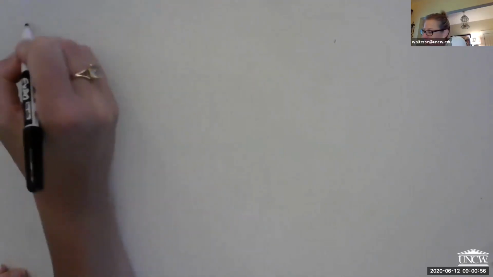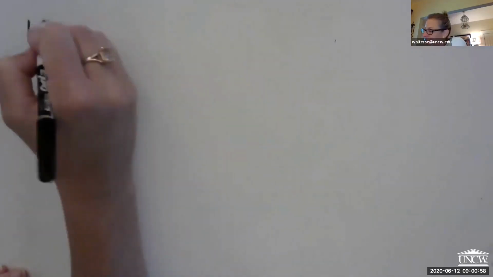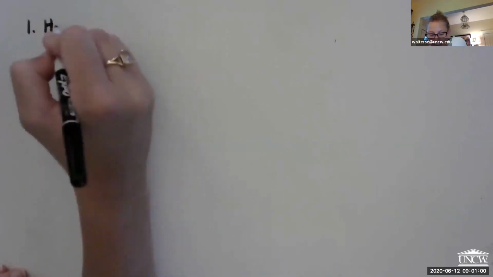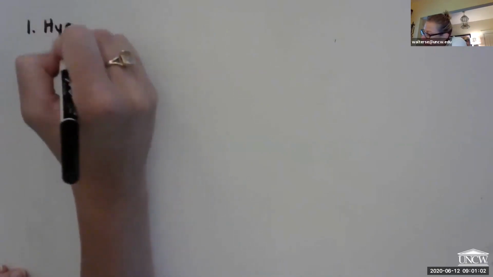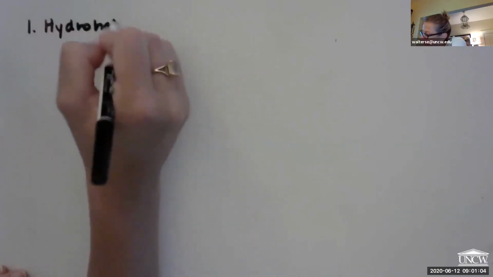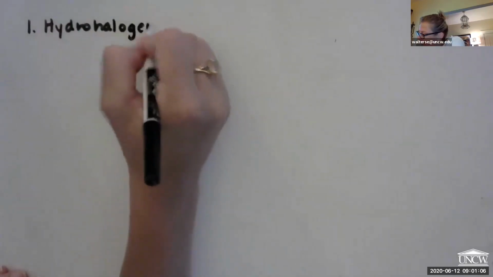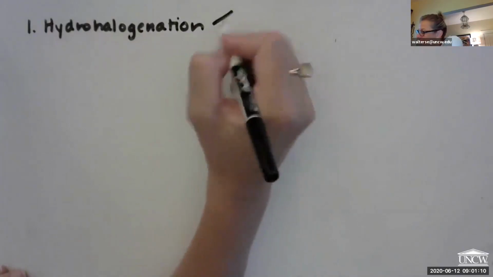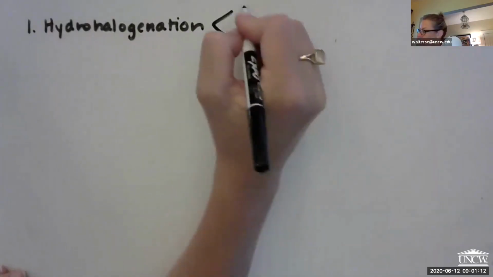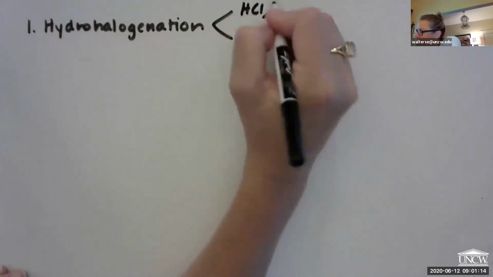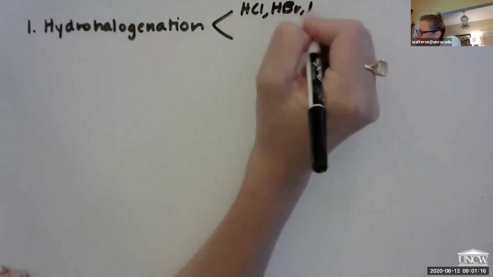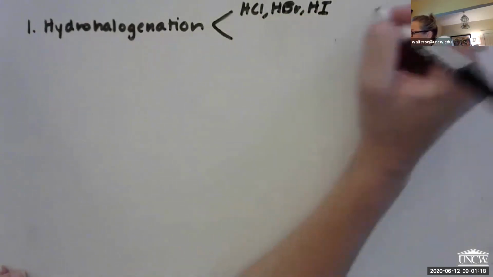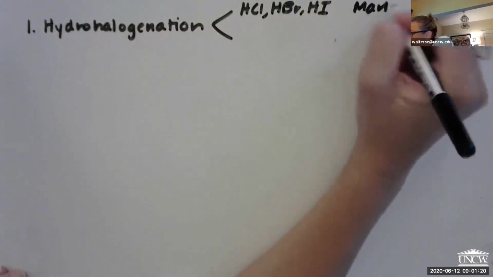So the first reaction that we spent time on was the hydrohalogenation. And in this reaction set, you had two. You had the HCl, HBr, and HI reactions to make the Markovnikov product.